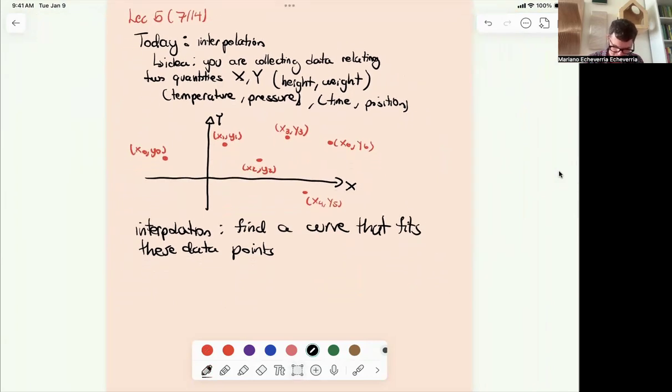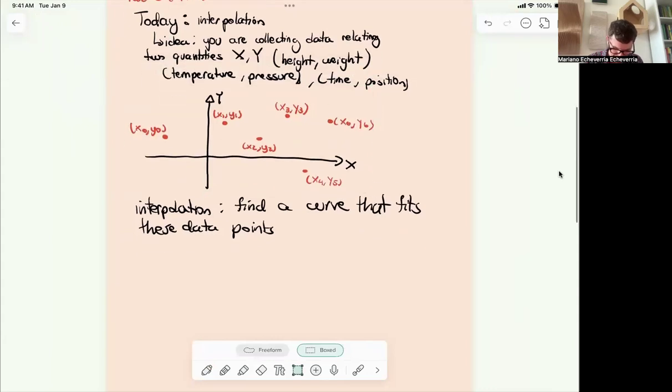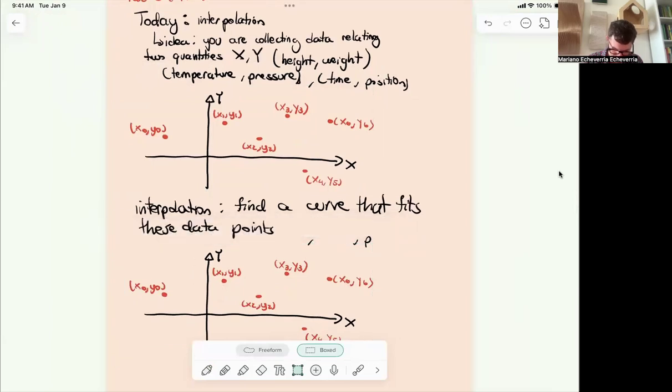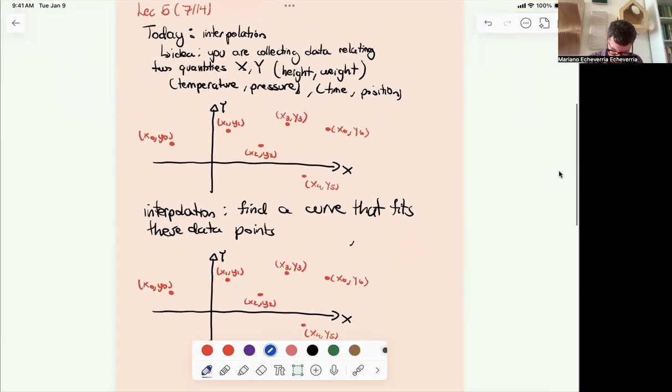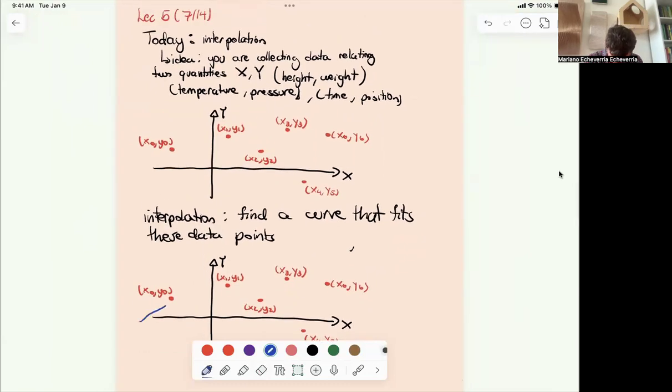I'll take advantage of the fact that I can just copy paste the points that I just drew. So if you copy paste this picture, maybe the curve could look something like this.